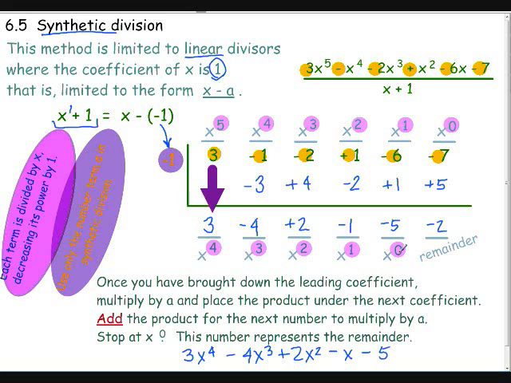Of course, that's x to the 0, but we know that's the same as 1. With a remainder of -2. And if I write that as part of my quotient, it looks like that.